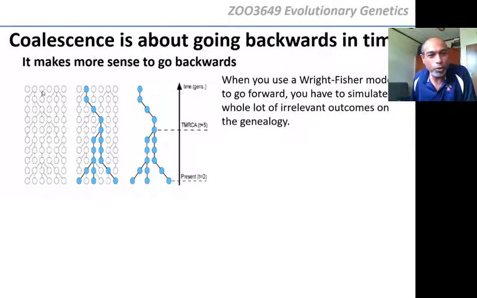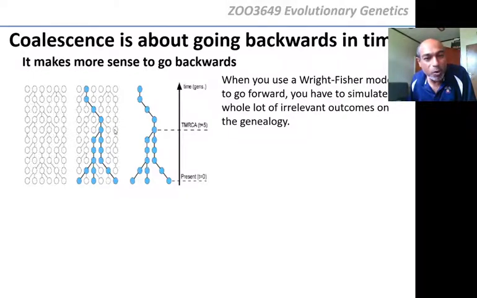But if we don't do that, if we start here and we don't even sample every member of the population, we only sample these three in blue. Even if we don't take all six, we take only these three, we can still figure out the important part of the tree of the Wright-Fisher model. The important part is this blue part, because that's the only line that leads to the ancestor.